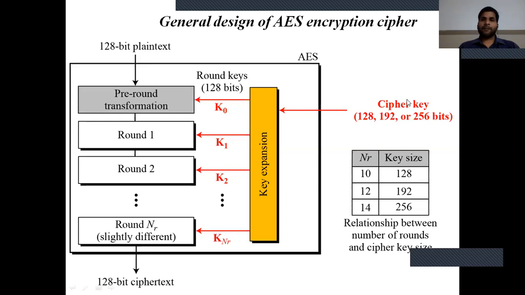If Nr is 12, the cipher key size is 192, and the round key size is fixed at 128. If Nr is 14, the cipher key size is 256. This is the relationship between the number of rounds and the cipher key size. After the last round Nr, the 128-bit ciphertext is produced.